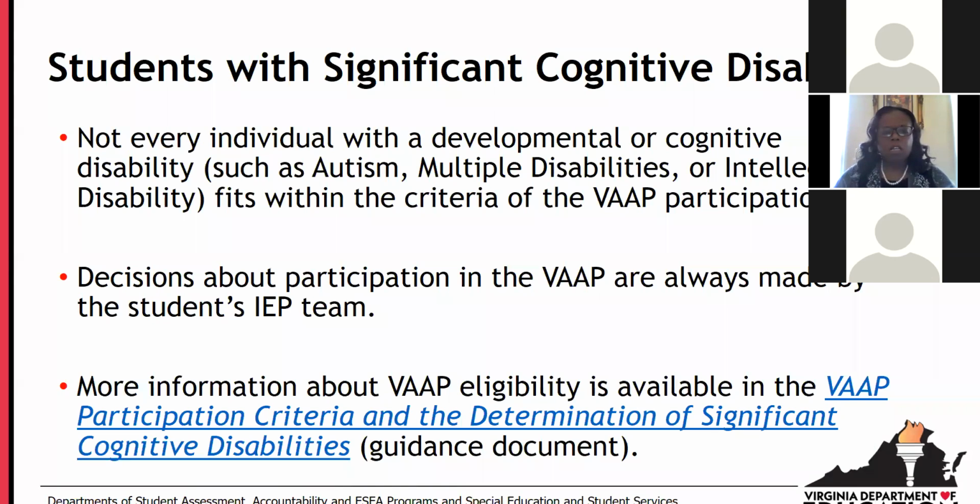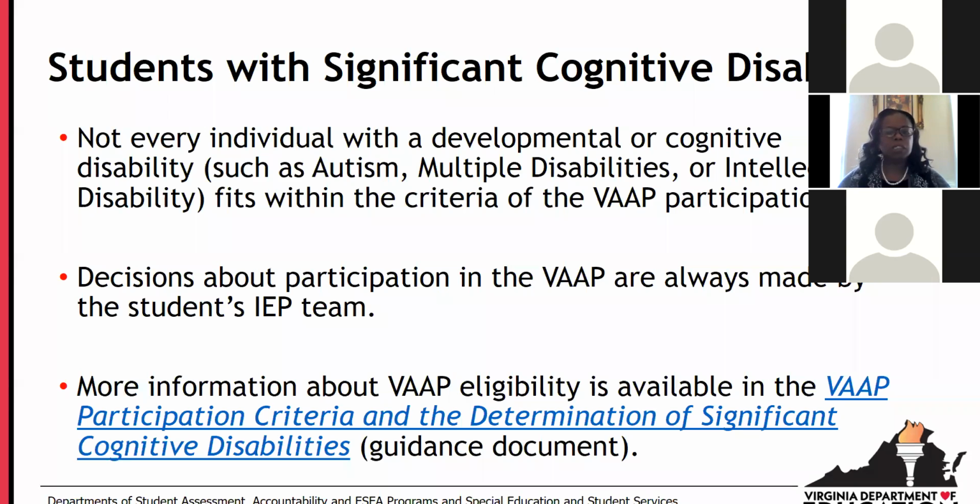So what we have to keep in mind if we are to identify students that are going to be appropriate for what I'm going to talk about in terms of instruction, and then in later modules in terms of the actual test, we really have to keep in mind that not every student is going to fit the criteria for the new VAAP.